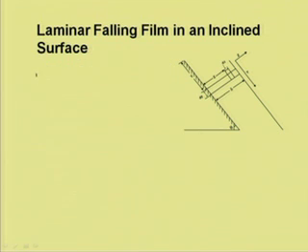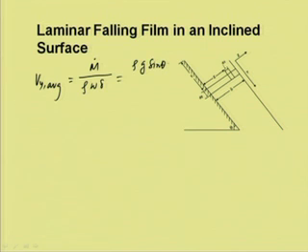The average velocity V y average can be written as mass flow rate divided by rho w delta. So, if we substitute m dash, it will be rho g sin theta delta square by thrice mu.